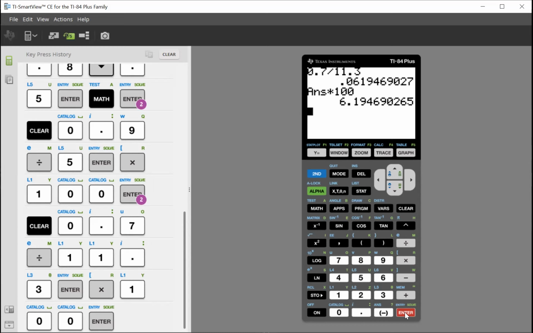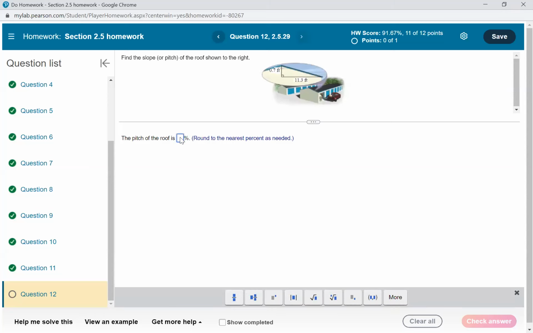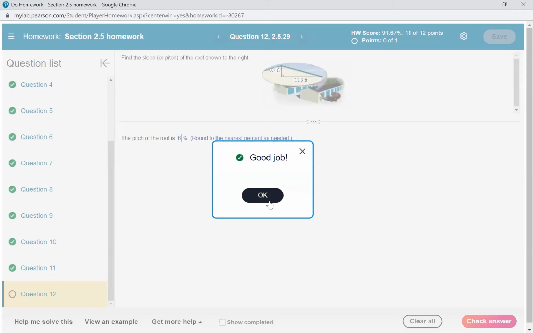Keep the 6. Good job. So we're going to keep that 6. So we're going to go back to MyMathLab. So round to the nearest percent, put in your 6, and y'all be done with it.